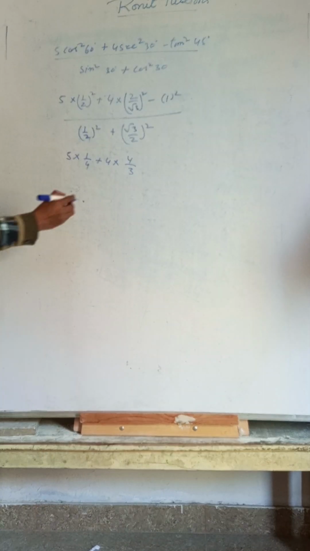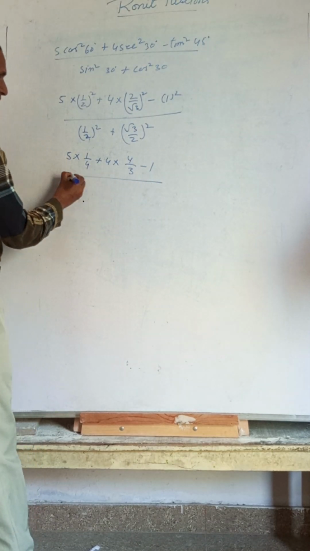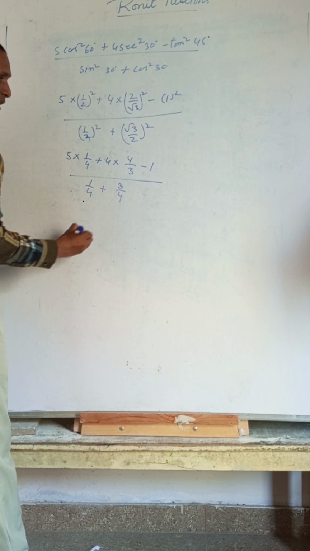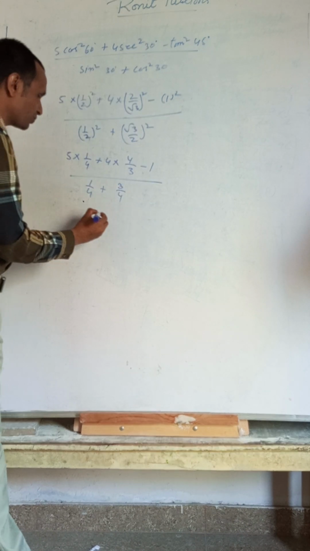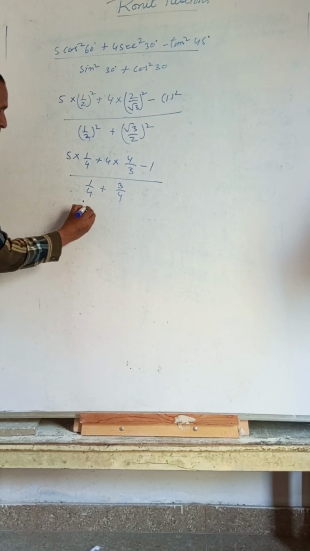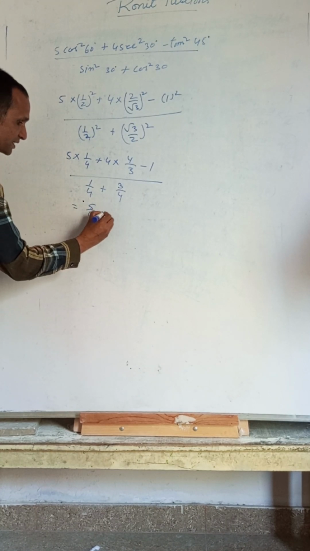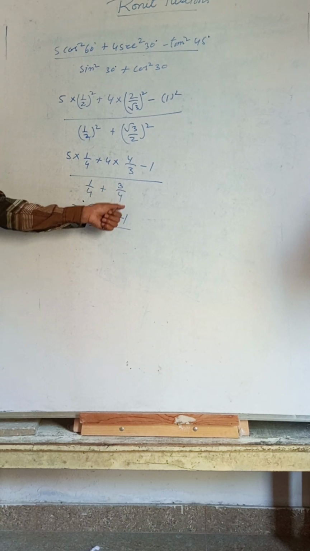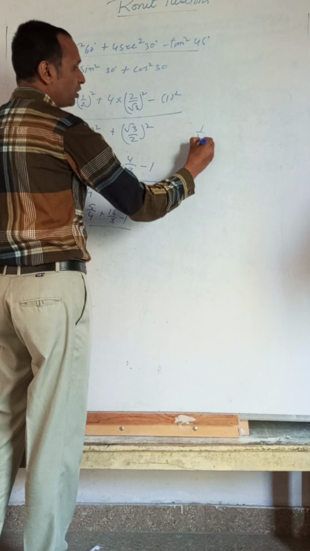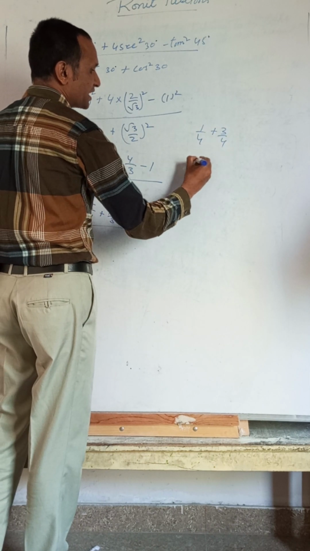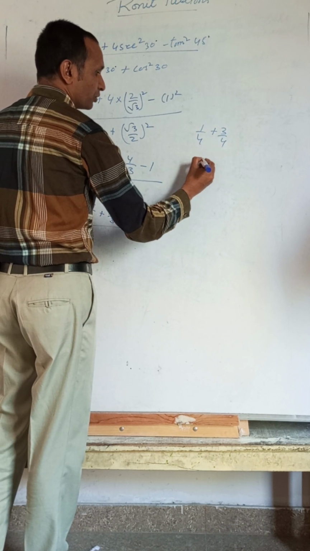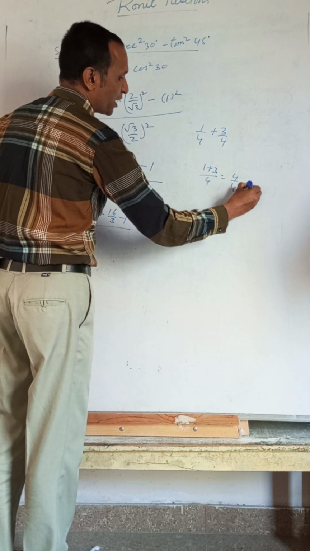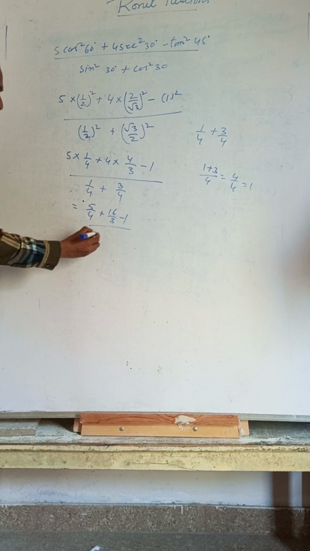So 3 minus 1 square, 1, whole divided by 1 by 4 plus 3 by 4. LCM is 4, so 1 plus 3 by 4 is 4 by 4, which is 1.